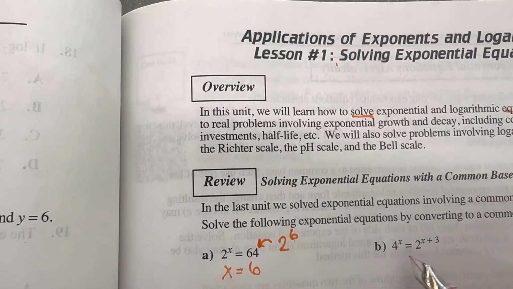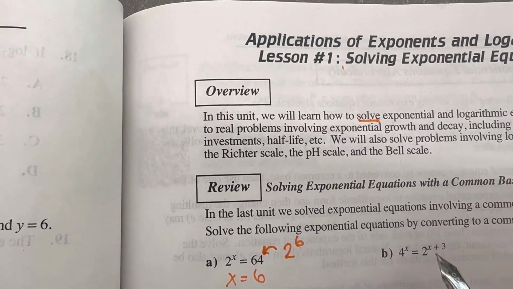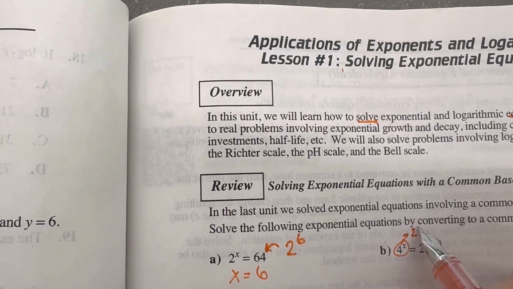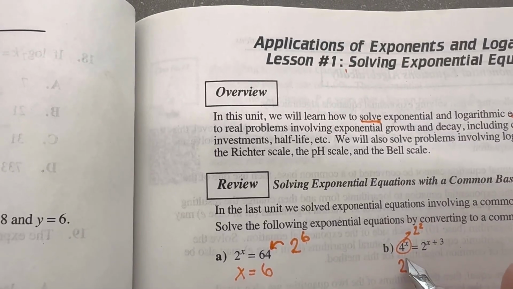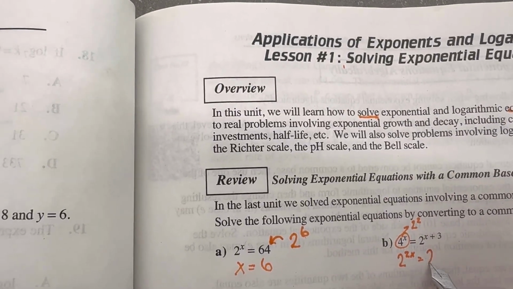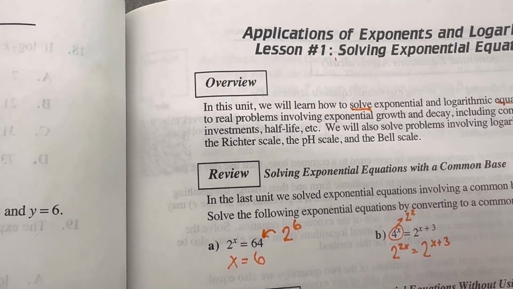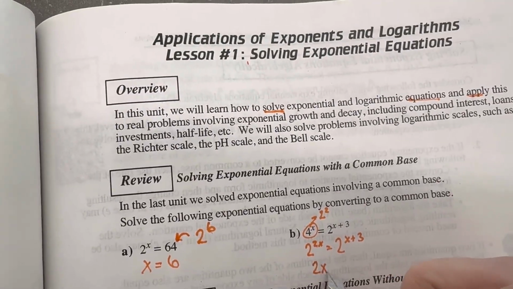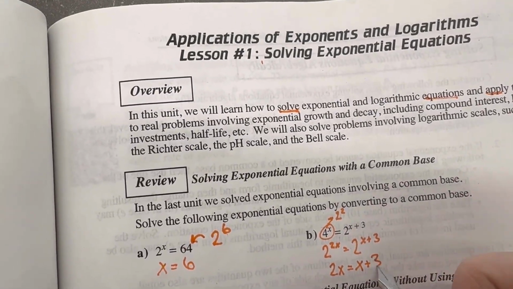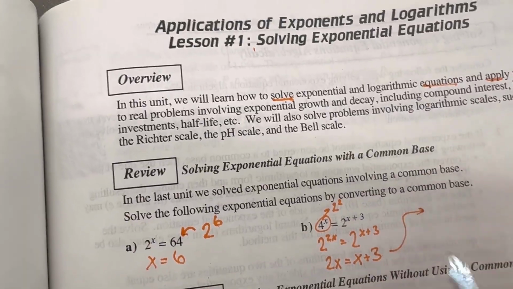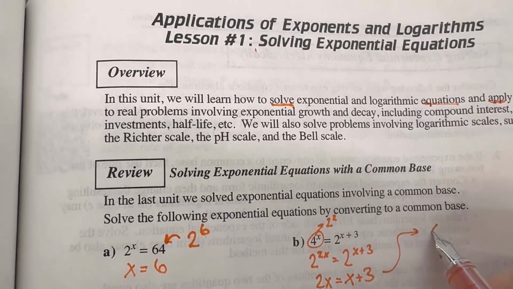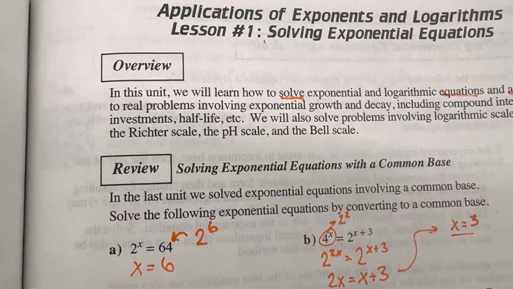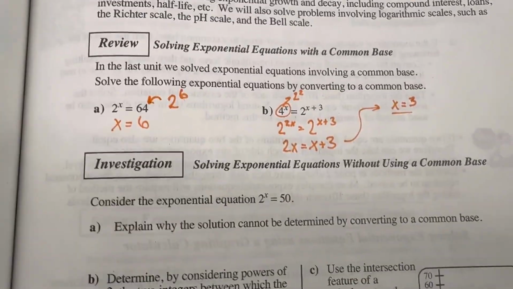This one right here, I would just need to put this as 2 to the power of 2, so then I'd have 2 to the power of 2x is 2x plus 3, so I can get rid of the powers and equate the exponents, and I would subtract 1x right there, so I'd have x is equal to 3.